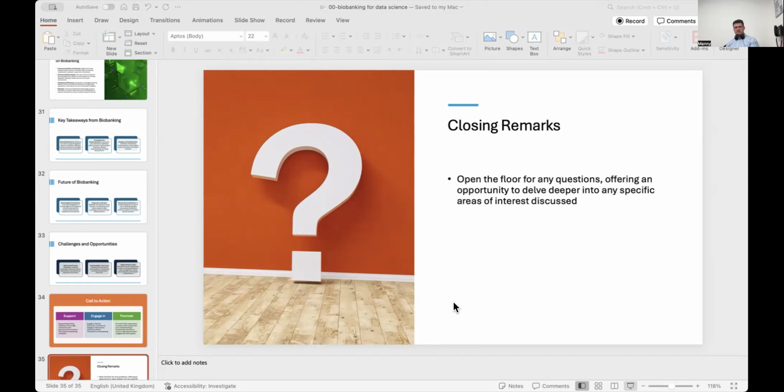So wouldn't it be nice to use large language models like ChatGPT to see how good they are at understanding biological knowledge that is encoded in resources such as the UK Biobank.